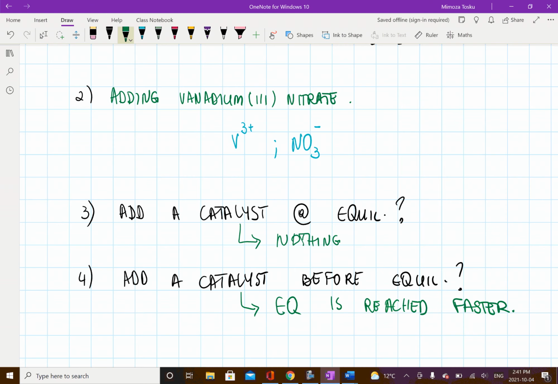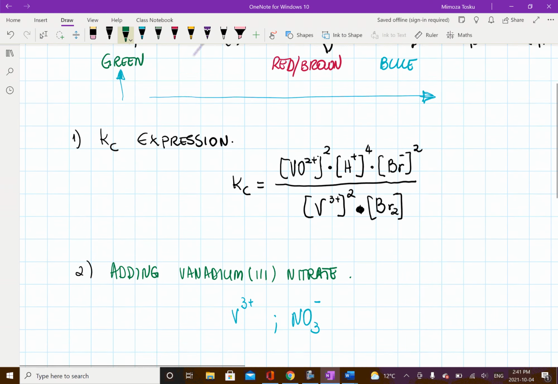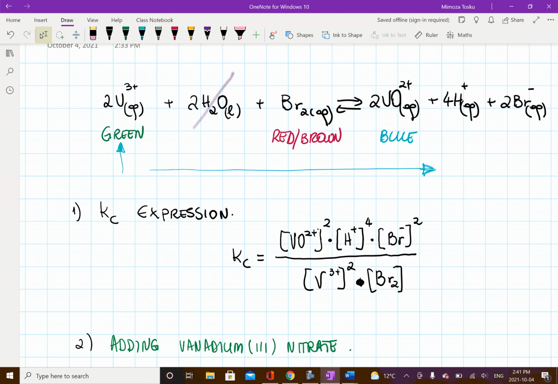Understand? But once the equilibrium is reached, there is nothing you can do in that situation.